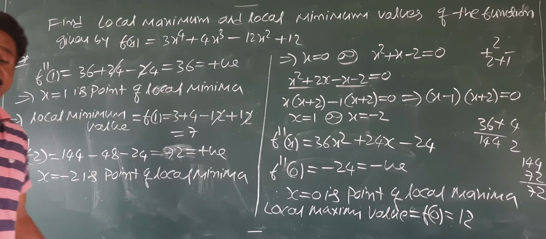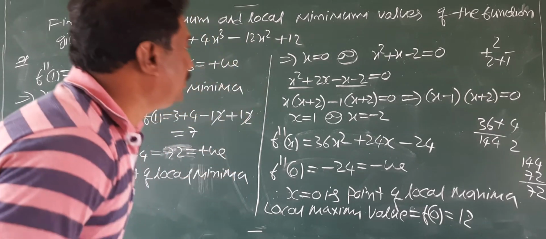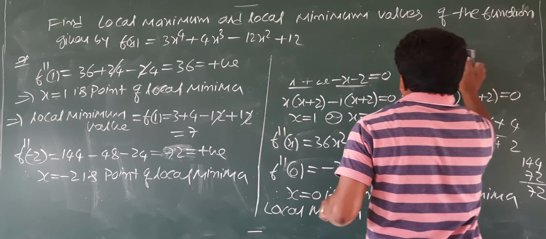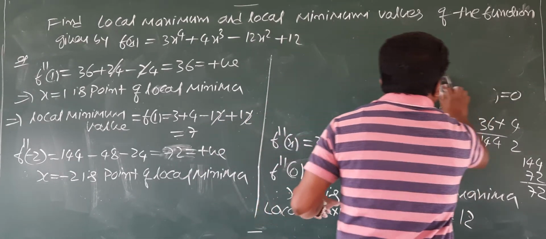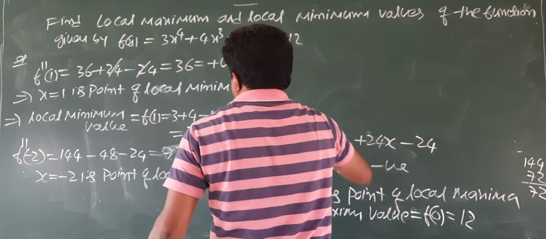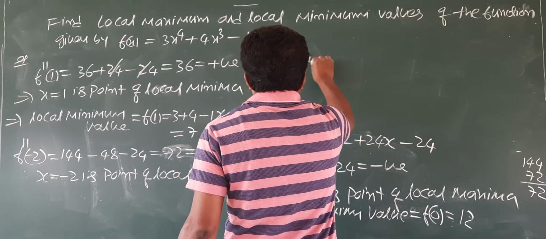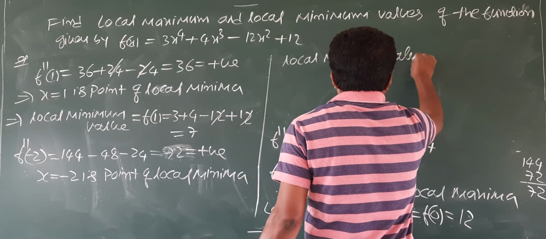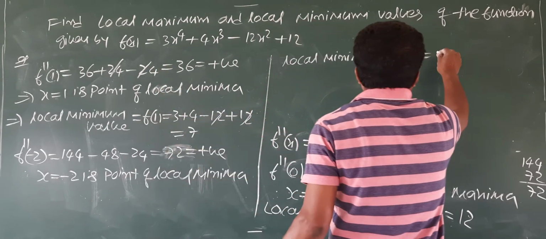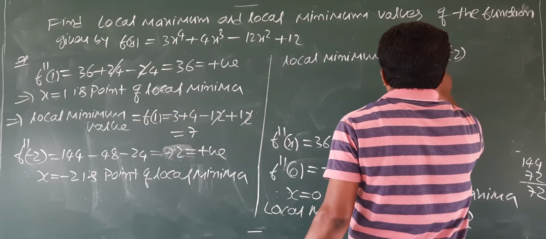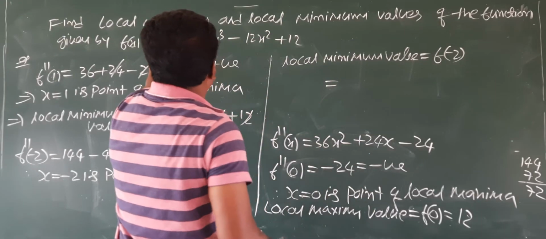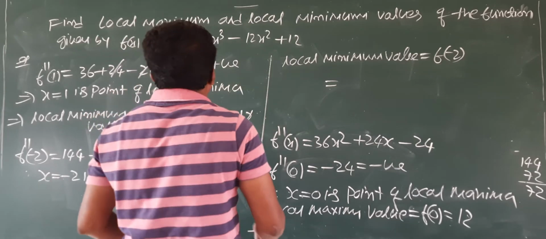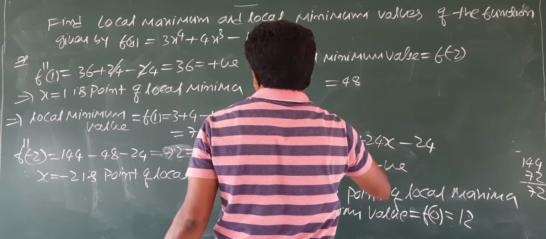So let us calculate the local minimum value. Local minimum value f(-2) is equal to minus 2 whole power 4. 2 2s are 4, 4 4s are 16. 16 3s are 48.